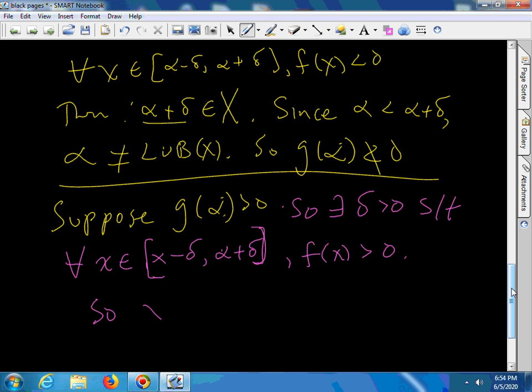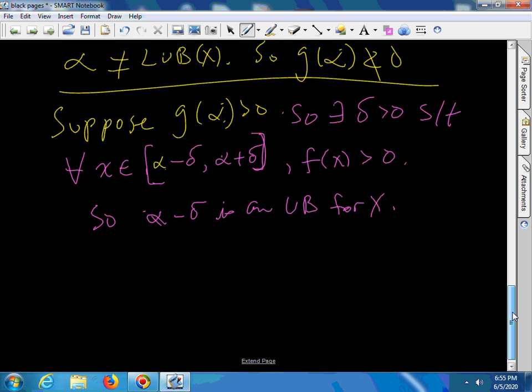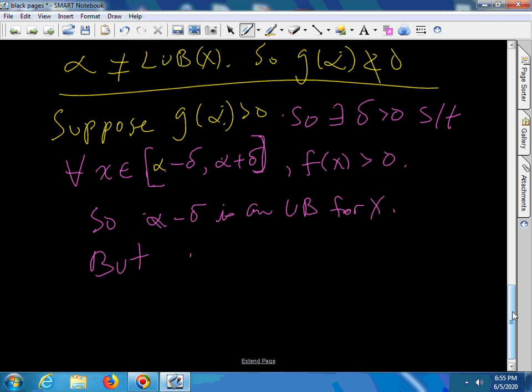So, alpha minus delta is an upper bound for X. But alpha minus delta is less than alpha. So alpha cannot be the least upper bound of X. Why? I found a smaller upper bound.